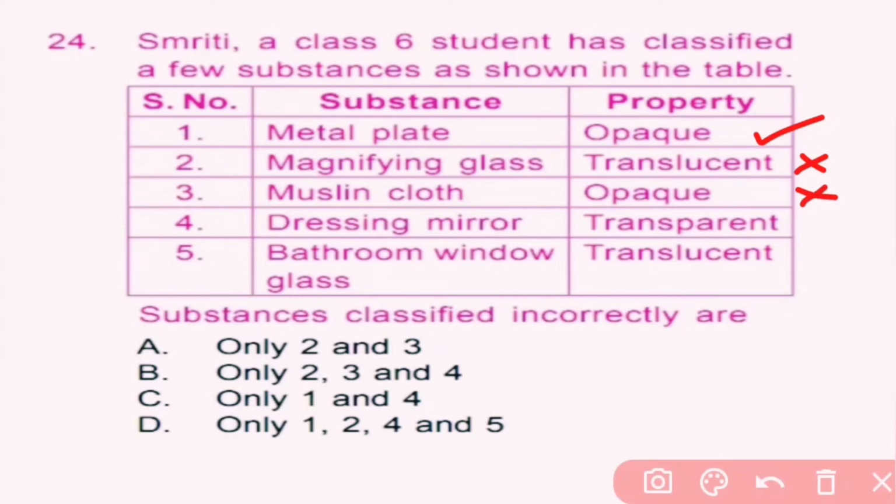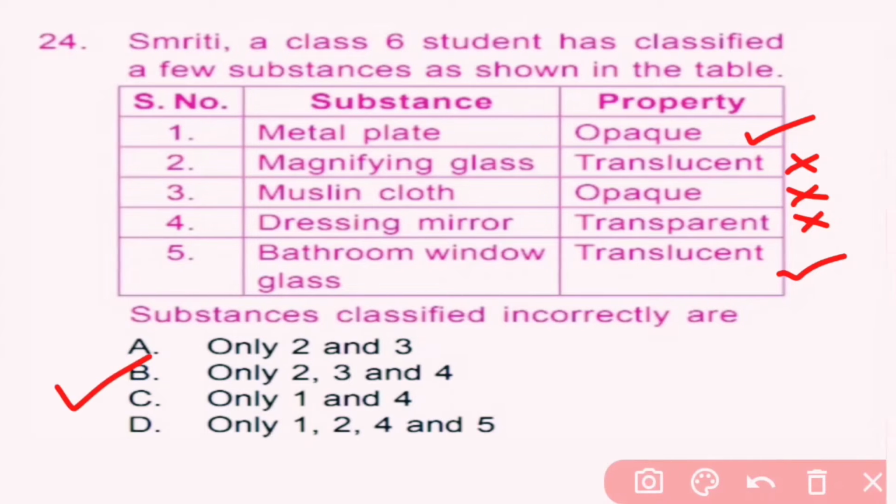So this option is incorrect. Dressing mirror is opaque because a mirror does not allow light to pass through it. And bathroom window glass is translucent. So here options 2, 3, 4 are incorrect. So here B is the correct answer.